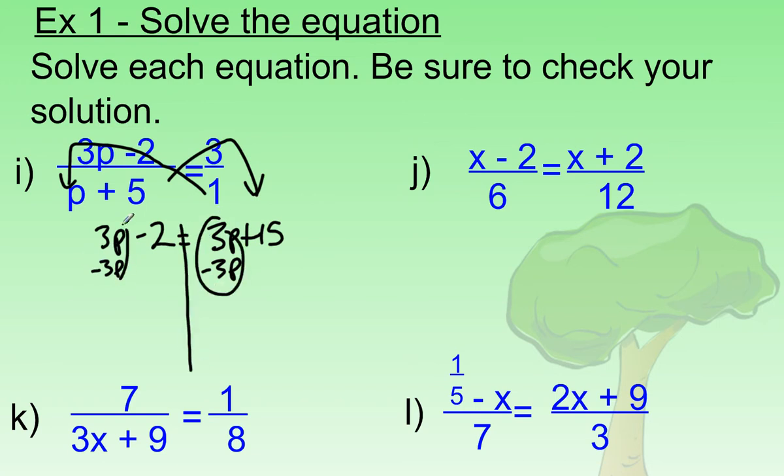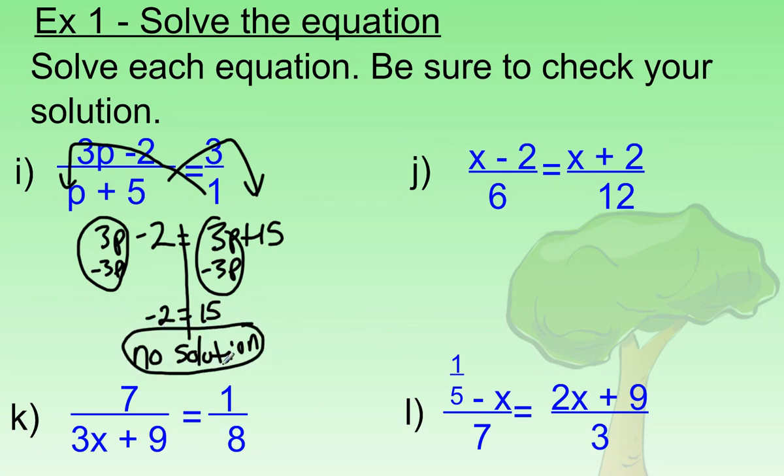These also cancel out. Interesting. So this is one of those special solutions because our variables canceled out on both sides. So this guy has no solution because this is not true. Negative 2 does not equal 15, so this is no solution.